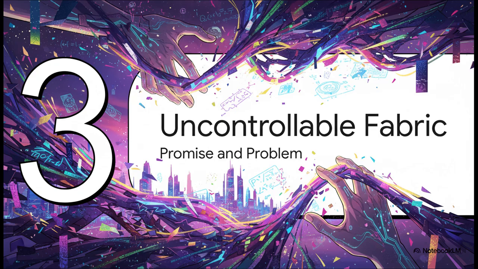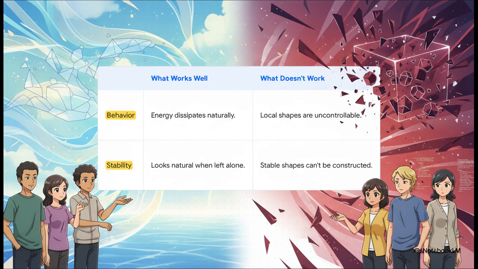In practice, it creates this massive new problem. This digital fabric, it turns out to be almost impossible for us to control. And this is the paradox at the heart of it all. If you just create the fabric and leave it alone, it actually behaves a lot like our universe. Energy spreads out, things dissipate, it looks really natural. But the second you try to control it, the moment you try to sculpt a specific, stable shape in one little spot, the whole thing just falls apart.